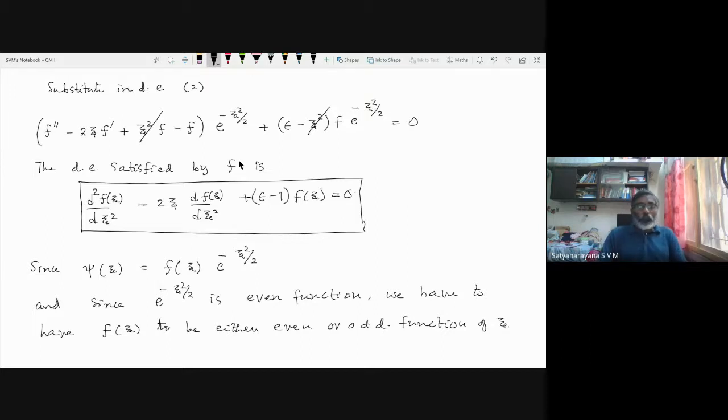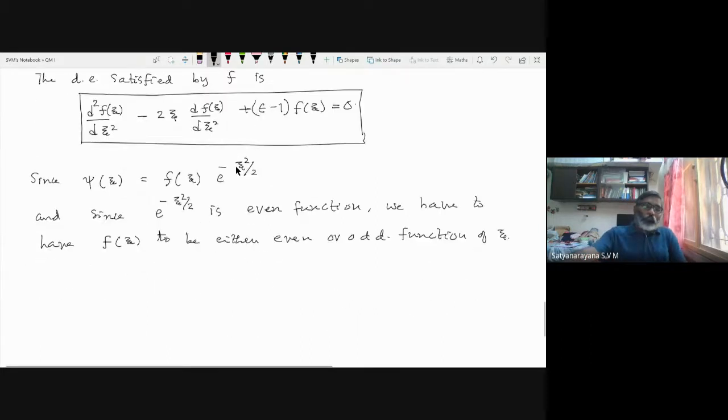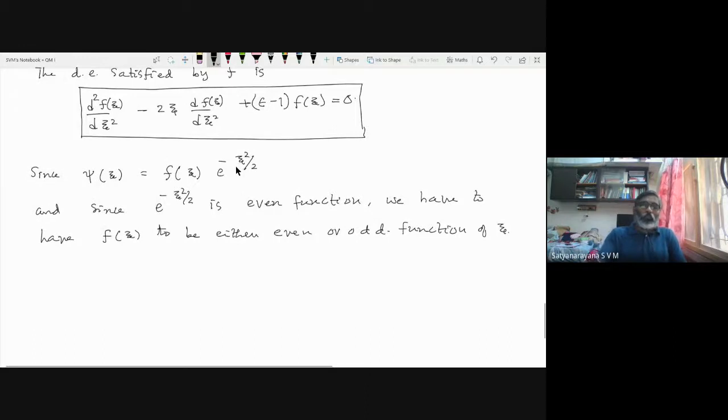Okay. Now this kind of a differential equation one can solve using something called a power series method. Okay.